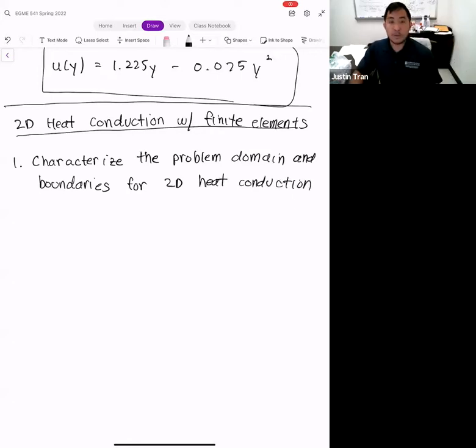This just has to do with general 2D finite elements, right?